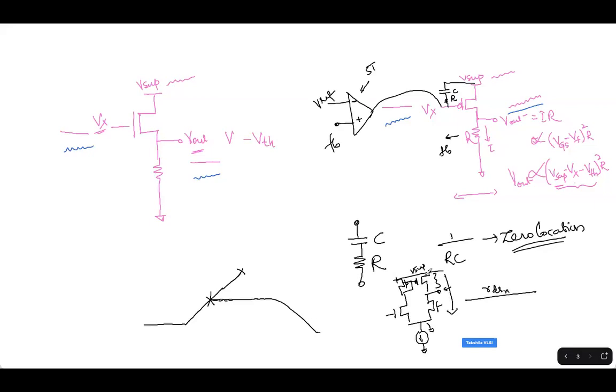So overall impedance looking from the top is RDSN times (1 plus gmP rOP), the intrinsic gain, roughly gmP rOP plus rOP. So this will be the overall impedance that you look at from VSUP looking down.